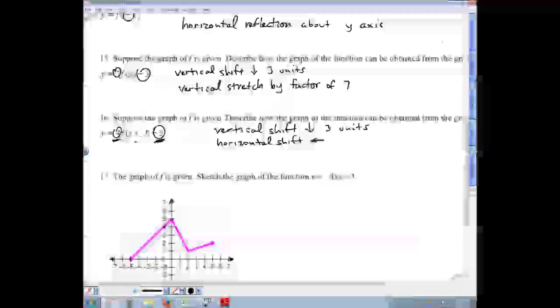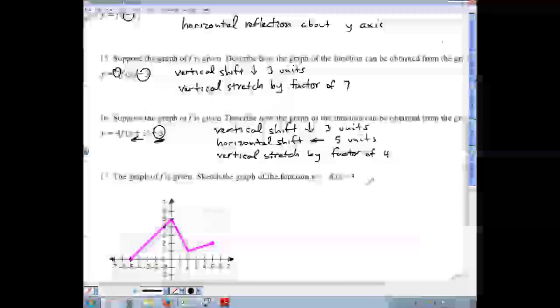This one you just got to remember, it's inside the function's opposite. X plus 5 moves the graph to the left 5 units. And we have another vertical stretch by a factor of 4.